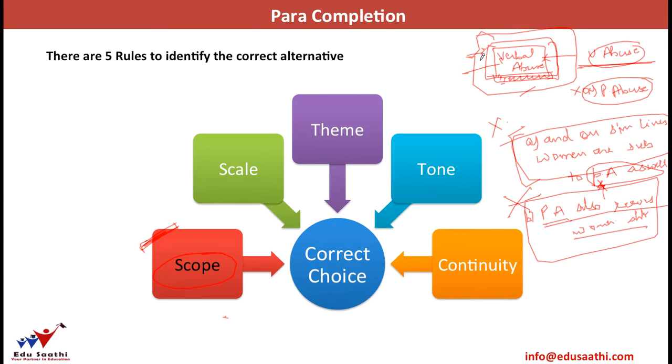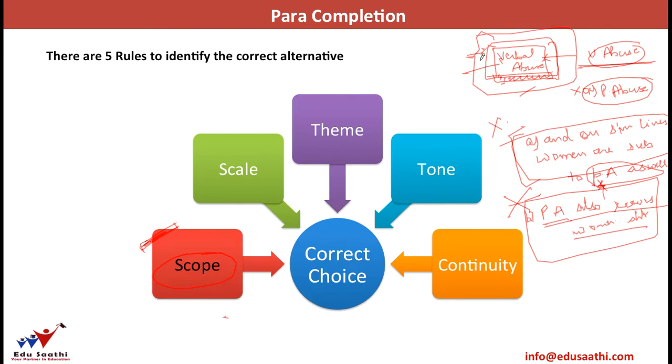So that is the reason we'll not take scope as a very strong alternative to choose the correct answer. It is a good rule, but do try to find out the dissimilarities based on the other rules that we'll discuss in this lecture further, right?